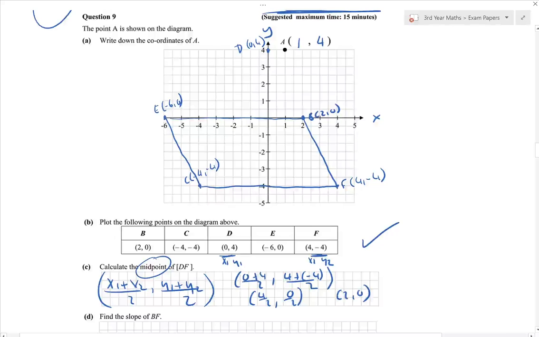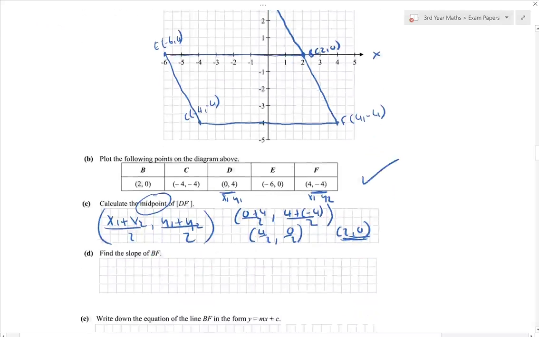So the midpoint of DF is 2 and 0. Now always go back and see, does your answer make sense? Oh sorry, it was the midpoint of DF I was looking for, and you can see that B, 2 and 0, is the midpoint. Okay, and that makes sense.